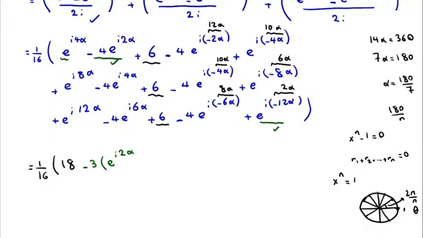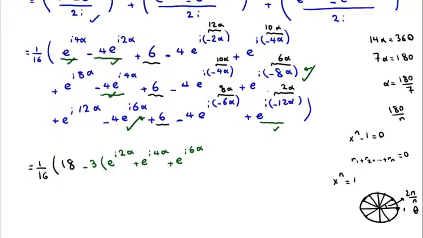We have 4α here and negative 4α. For e^(i4α), it will be negative 3 e^(i4α). We've calculated this and this. In the next part, 6α, this part and this part, it will be negative 3 e^(i6α). And it will be here and here. We've calculated.